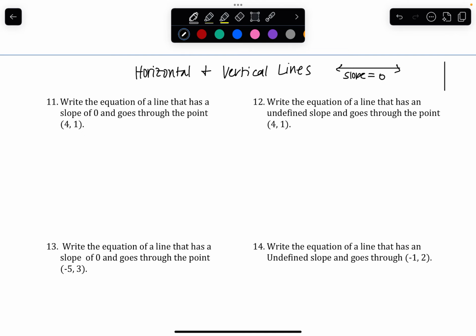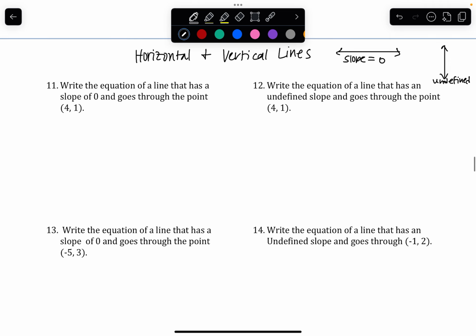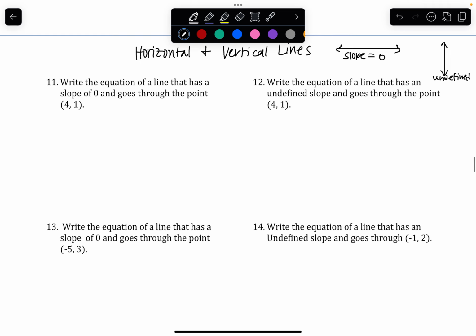A vertical line has an undefined slope. Okay, and so for each of these examples, I like to sketch a picture. So it says write an equation of a line that has a slope of 0 and goes through the point (4, 1). So the first thing I do is graph that point at (4, 1).